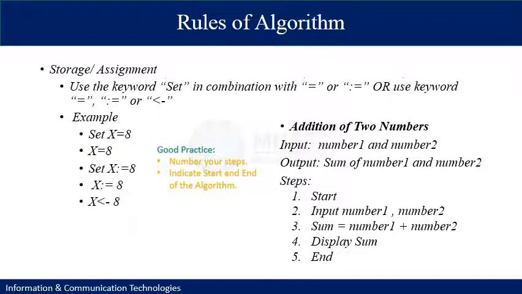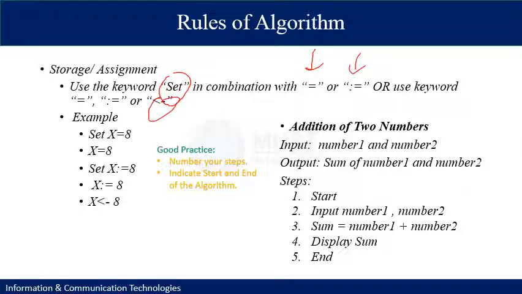Apart from input and output, your algorithm may contain operations for storing or assigning values. For this, you use the keyword set in combination with equal to, colon equal to, or an assignment operator.